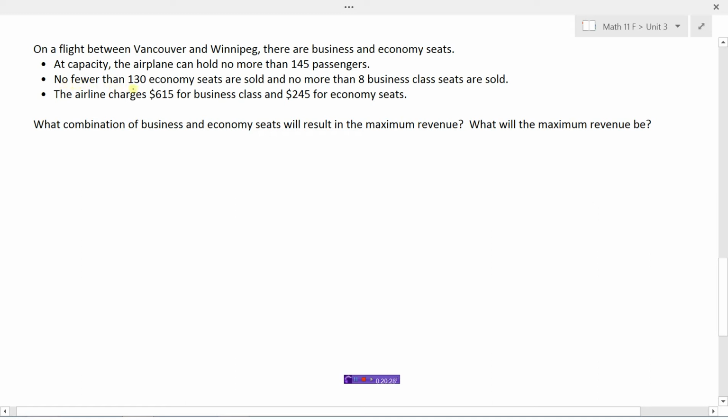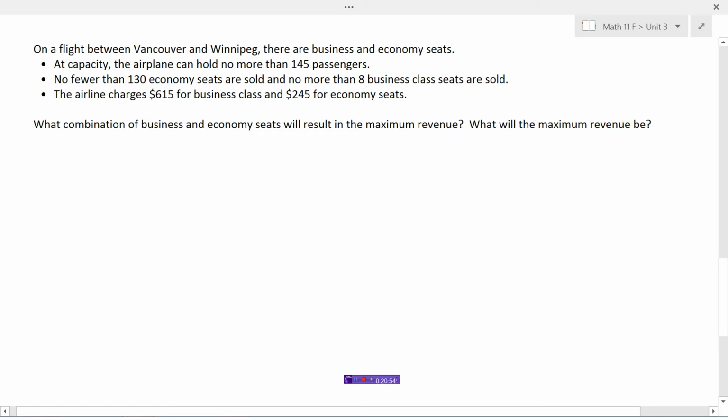No fewer than 130 economy seats are sold and no more than 8 business class seats are sold. And we know that the airline is charging $615 for a business class seat and $245 for an economy seat. And the question for the airline is, what combination of business and economy seats would give us the maximum revenue, and what would that maximum revenue be?